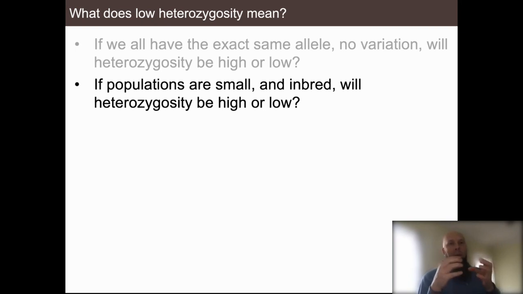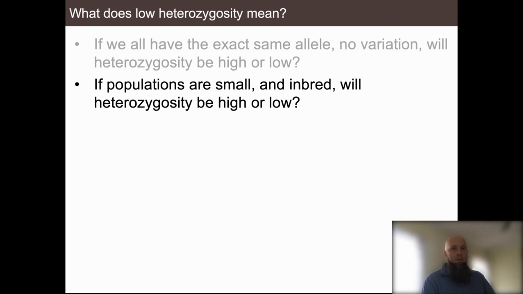And so when populations are small, that leads, out of necessity, to higher levels of inbreeding. When you have higher levels of inbreeding, you're more likely to get two copies of the same allele because you have such close relatives that are passing that same allele down to you, okay? So again, in small inbred populations, heterozygosity is going to be low.